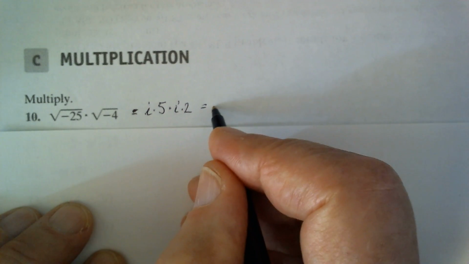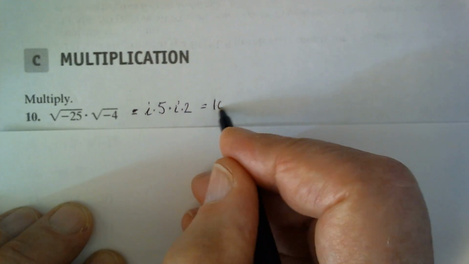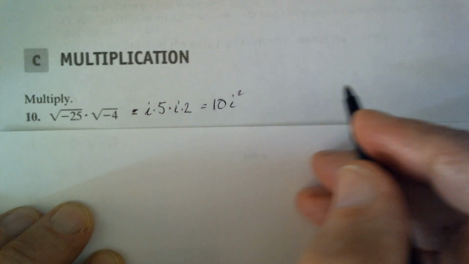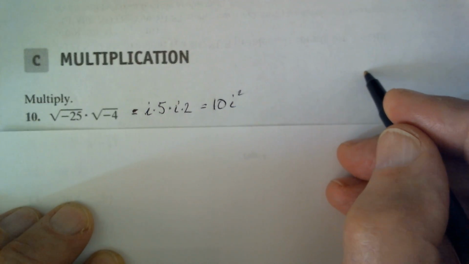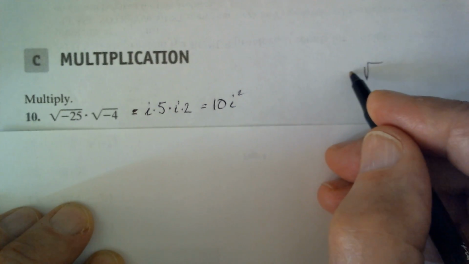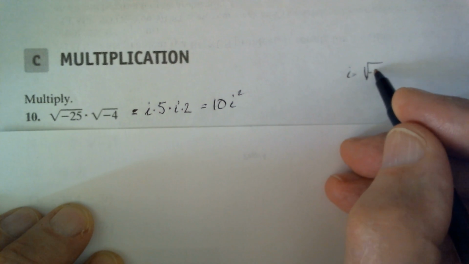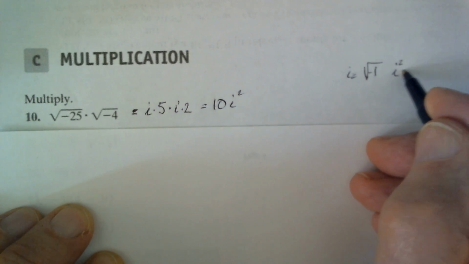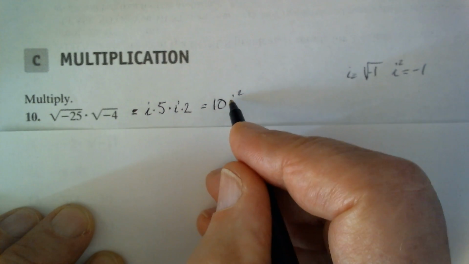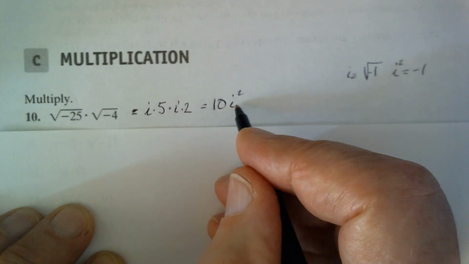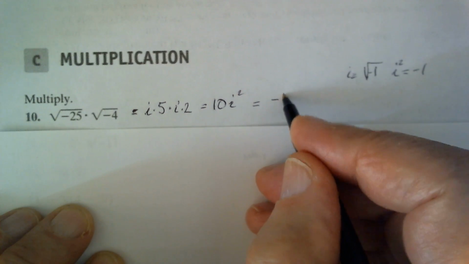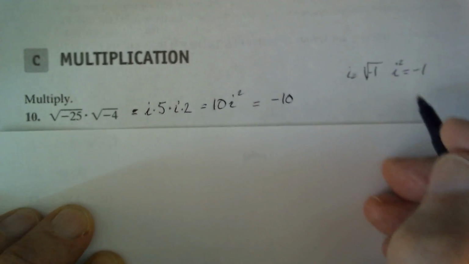And so we have 5 times 2 is 10, times i squared. We know from the original definition that i is equal to the square root of minus 1. When we square both sides, then i squared equals minus 1. So we multiply 10 by minus 1, since i squared equals minus 1. So the answer then is minus 10.